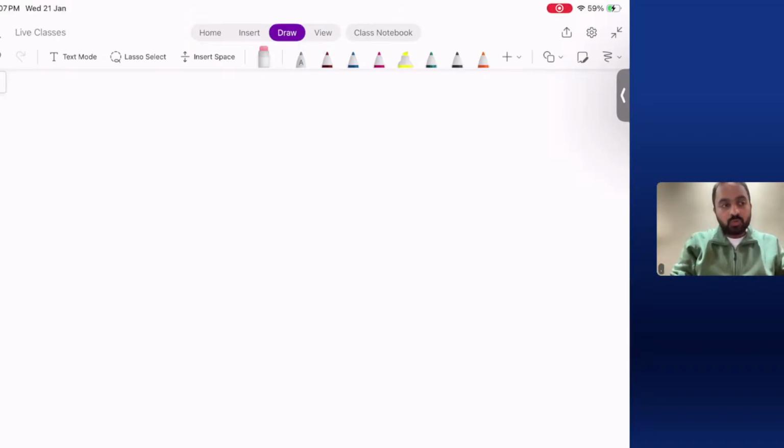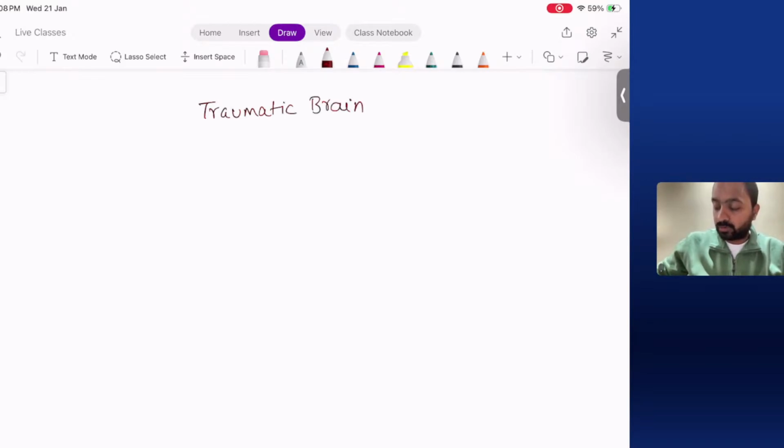So before going into that, let's understand what we are going to look at. When we talk about traumatic brain injury, we basically have two main groups. First would be skull fracture.